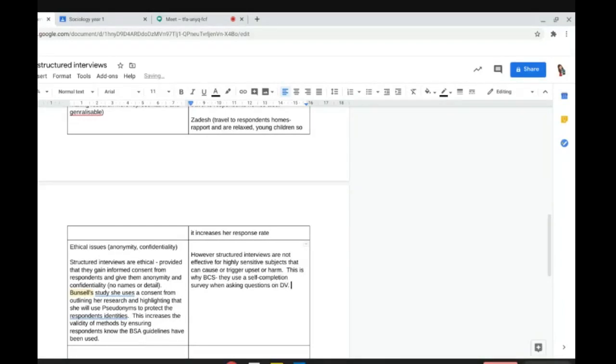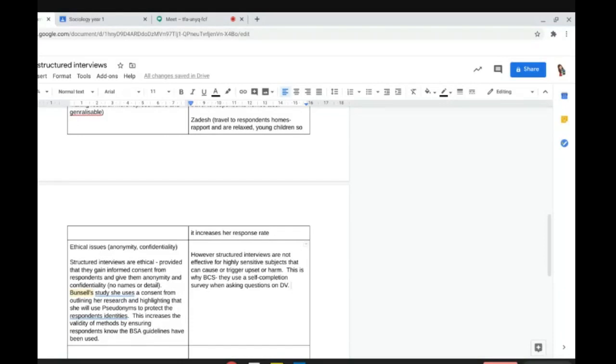So basically, if it's a highly sensitive subject, structured interviews are not useful, which is why the British Crime Survey actually gets them to do a self-completion questionnaire on domestic violence. So they're not that useful for highly sensitive subjects at all.